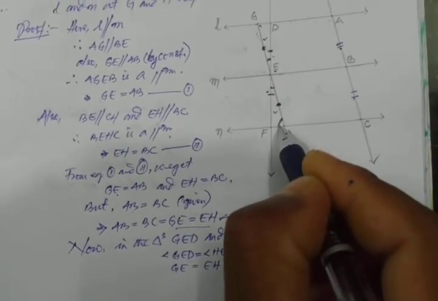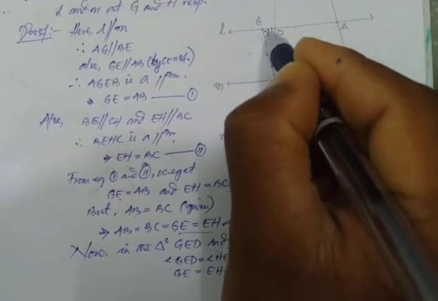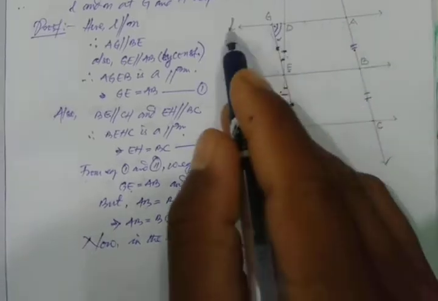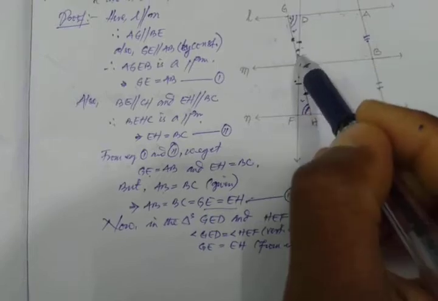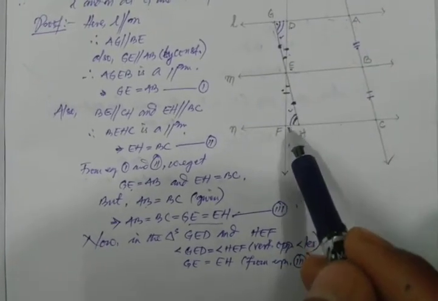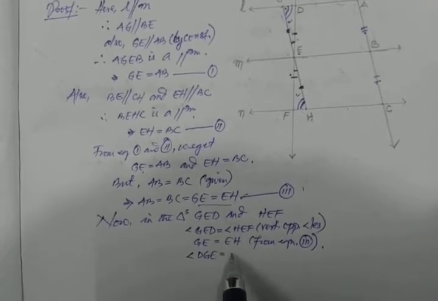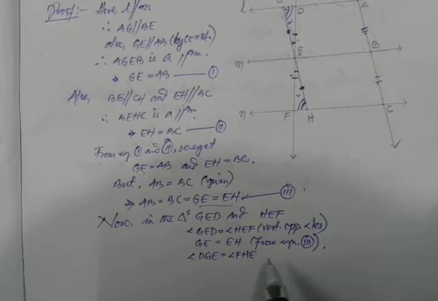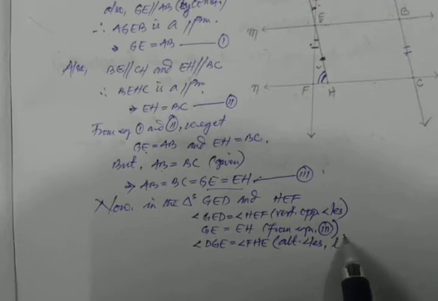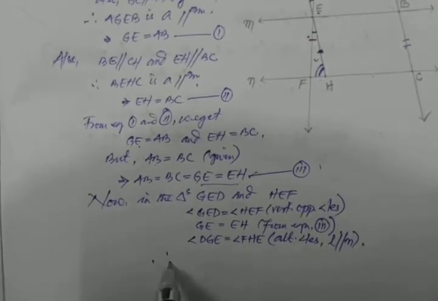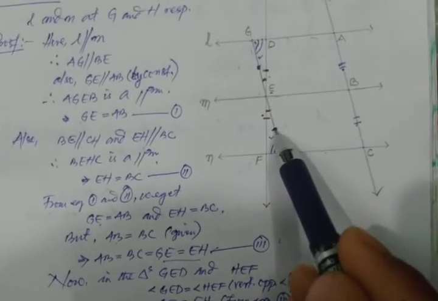Lastly, these two angles will be equal because they are alternate angles where L and N are parallel. That means angle DGE will be equal to angle FHE. I'll just call it alternate angles where L parallel to N. Therefore, let's see what congruency this will be. I've taken this angle, this side, and this angle.